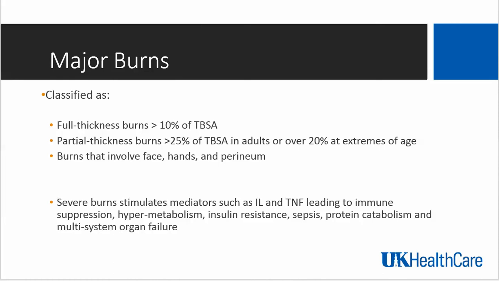As a result of severe burns, the body stimulates mediators such as interleukin and tumor necrosis factor, leading to immune suppression, hypermetabolism, insulin resistance, sepsis, protein catabolism, and multisystem organ failure.